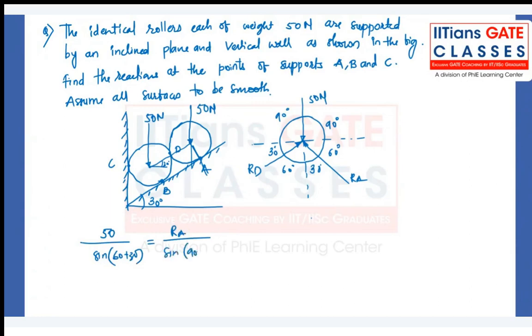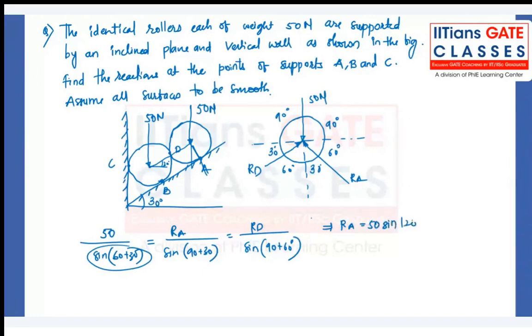Sine of 90 degrees plus theta is cos theta, or you can calculate sine 120 directly using a calculator. And that is equal to RD divided by sine of 90 plus 60 degrees. From this you can easily calculate RA and RD. This is 1 anyway, so it is very easy to calculate RA. RA is equal to 50 sine of 120, so it is 50 into 0.866, which is 43.3 Newton.